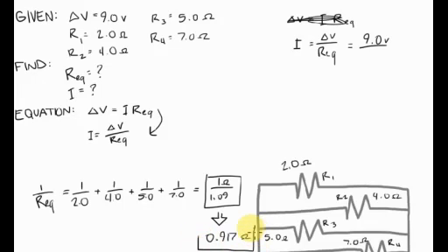So this is the actual answer, not that one. Alright, so we'll plug that in. That's 0.917 ohms. And then we'll solve this, and we end up with 9.8 amps. And that is our answer. That is the current moving through this system, the total current.